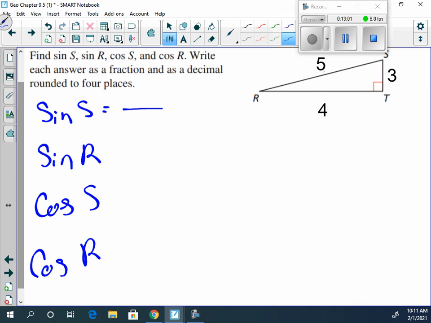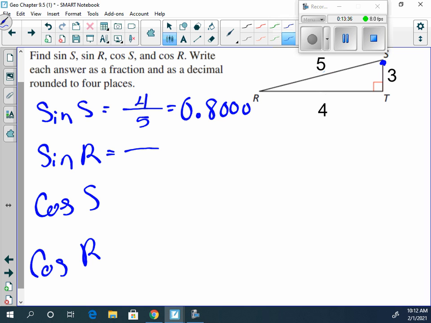So we can just start off with sine of S. Now, what would sine of S be? 4 over 5. Because when we look at angle S up here in the top corner, the opposite side would be 4, and the hypotenuse would be 5. And if we divide these, it would be 0.8000, because they asked for 4 decimal places.